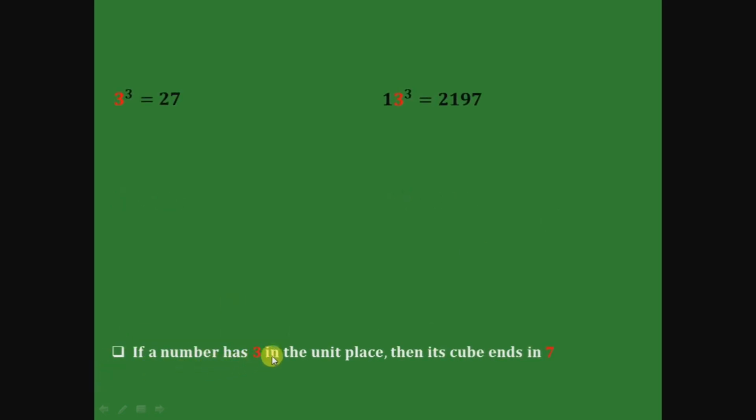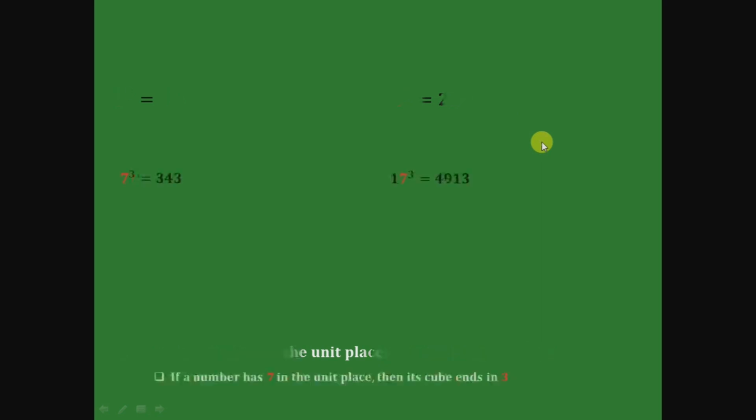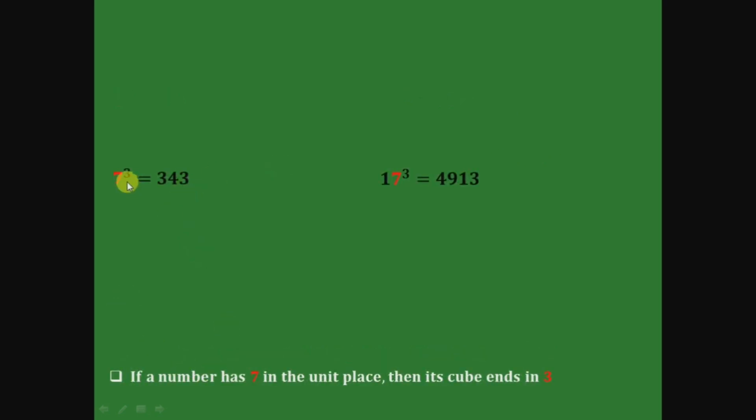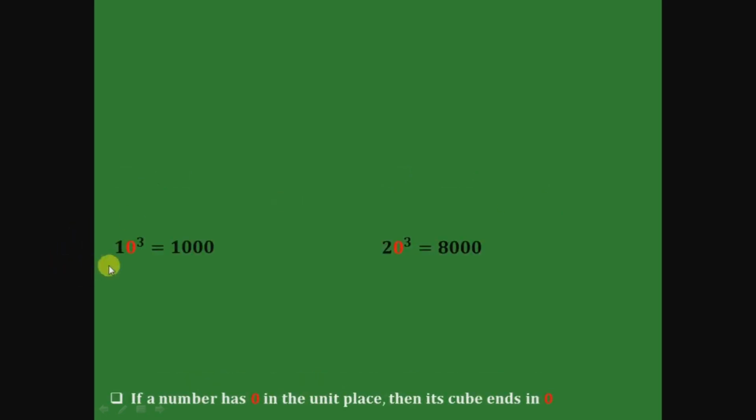If a number has 3 in the unit place, then its cube ends with 7. If a number has 7 in its unit place, its cube ends with 3. If a number has 0 in the unit place, its cube ends with 0, and keep in mind there must be 3 zeros.